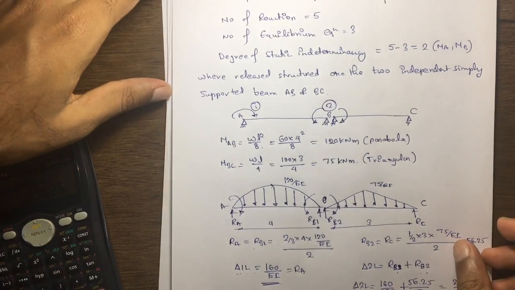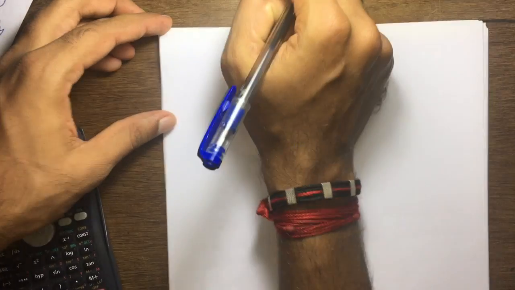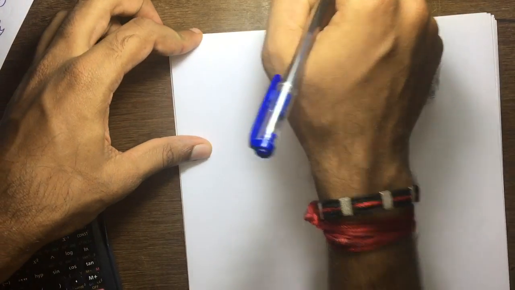So next step, we have to find the flexibility matrix. Here there are two unknowns, therefore the order of the flexibility matrix is 2 cross 2.